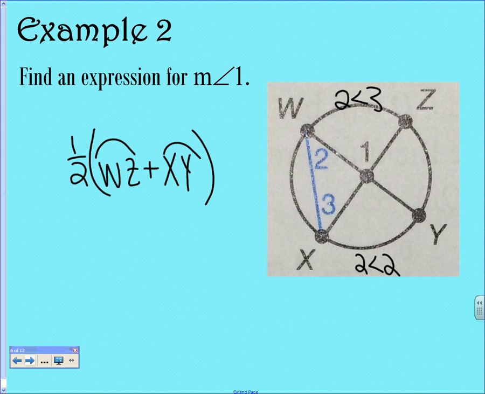So if this was 50, this would be 100. So like 2 times it. I know 2 angle 3 kind of looks funny. But you would say 1/2 of 2 angle 3 plus 1/2 of 2 angle 2. But what is 1/2 of 2 angle 3?